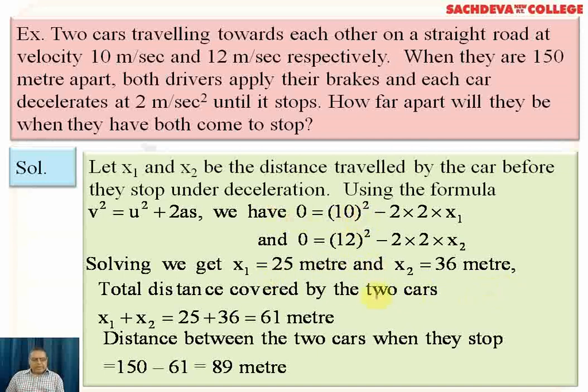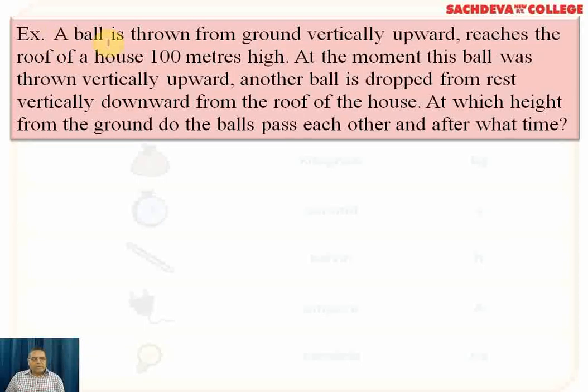And by solving them, we get x1 as 25 meters and x2 as 36 meters. So, after calculating x1 and x2, the total distance is estimated by adding 25 and 36, and that gives the value of 61 meters. Now, the distance between the two cars when they stop is 150 minus 61, that is 89 meters.